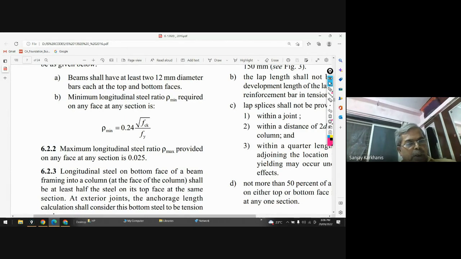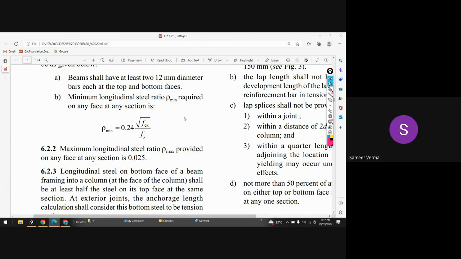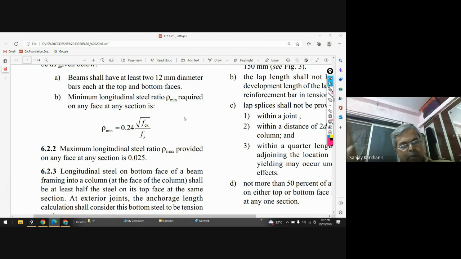See, the minimum longitudinal steel ratio or minimum percentage of steel in the earlier codal provision, or if you go for IS 456, you will see that it depends only on grade of reinforcement, because it is 0.85 over Fy. That means the same will be applied to M20, the same will be applied to M25, the same will be applied to M40. ये illogical नहीं लगता है क्या?